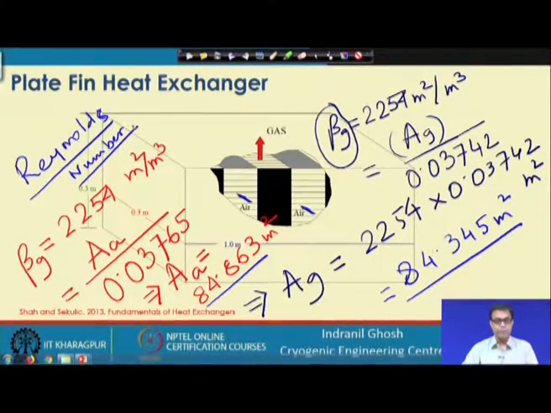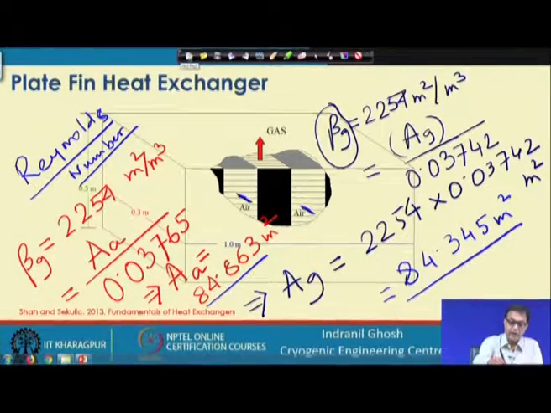We have been told about the volumetric flow rate, and we have now been able to calculate the heat transfer surface area. Now we need to calculate the free flow area, which we will estimate from the information given related to the hydraulic diameter.